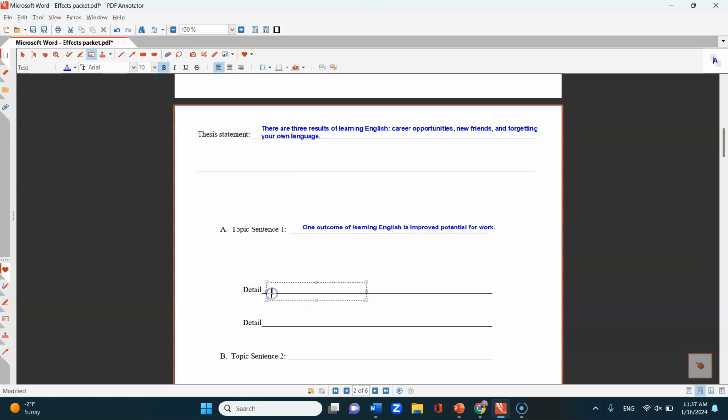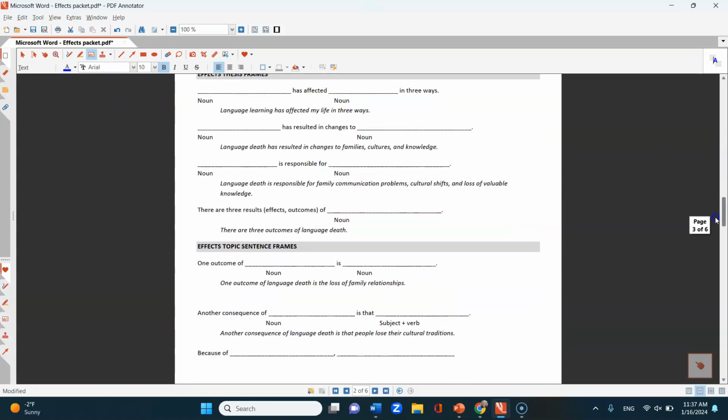So here I have to write a complete sentence, and here all the topic sentences. But for my details, I can just write a few words like a better job or a business. And then when I'm actually working on that, I'm going to look back on my brainstorming. Okay. Now I'm going to write it a different way. Instead of writing another outcome, because that's so boring, I'm going to look and see what other choices they gave me in my sentence frames.